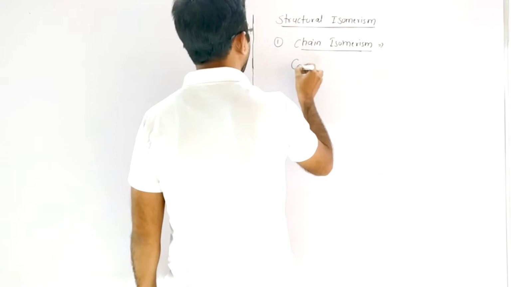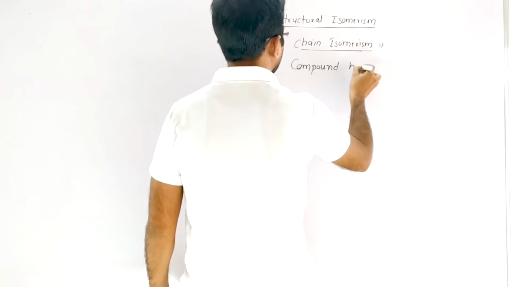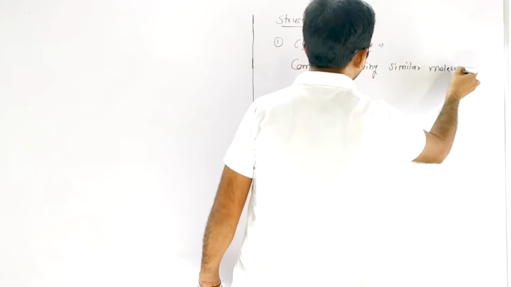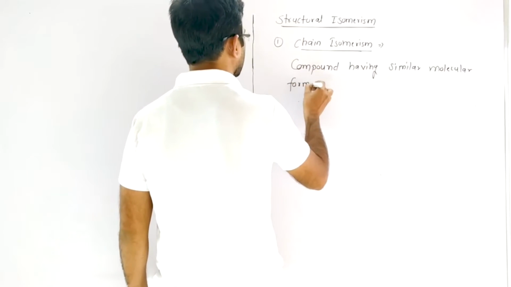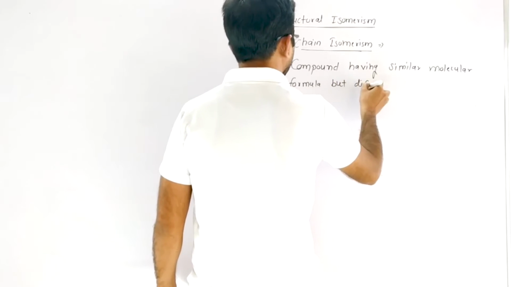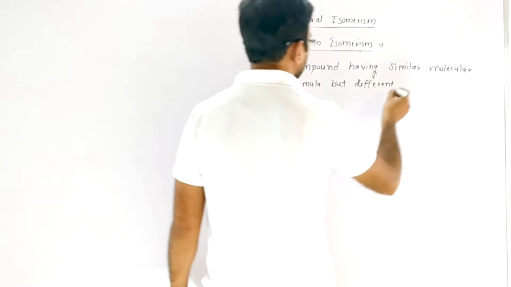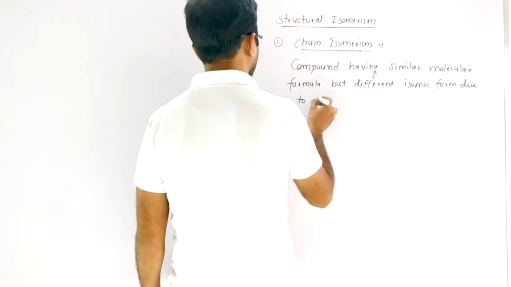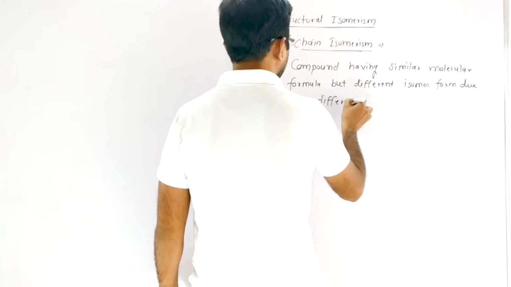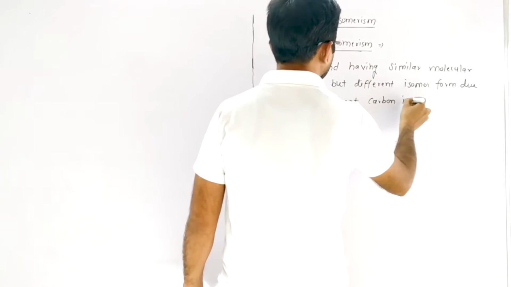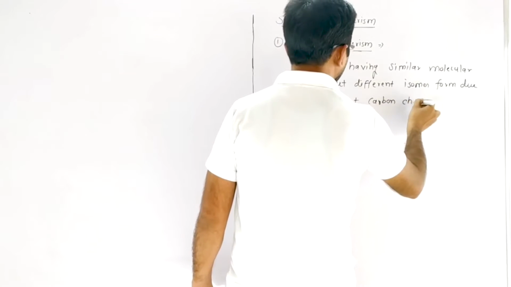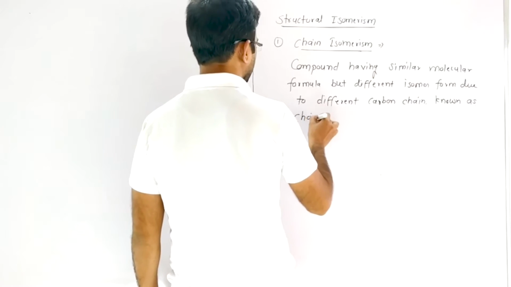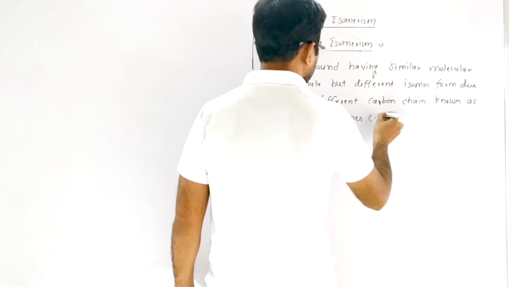So chain isomers are compounds having similar molecular formula but different isomer form due to different carbon chain, known as chain isomer, or CI.